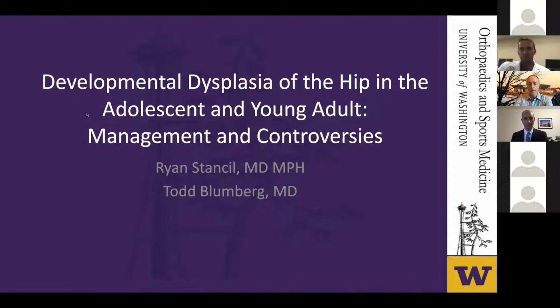Ryan will be introducing the topic of hip dysplasia from infancy to adolescence, physical exam and imaging findings. And then Dr. Blumberg will be taking over management for adolescent dysplasia and discuss treatment with periacetabular osteotomy, along with some technical aspects of the procedure, review the literature, complications, outcomes, and controversies.